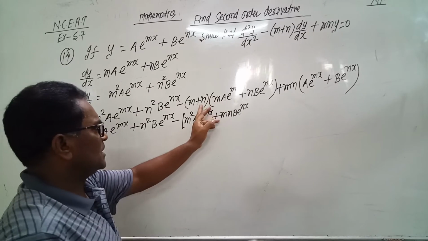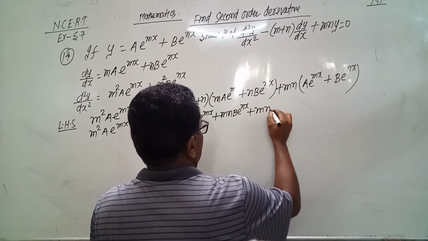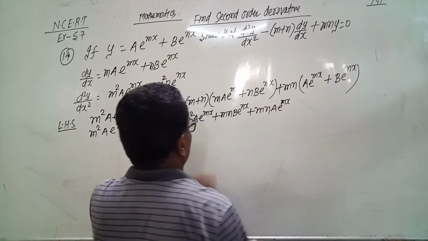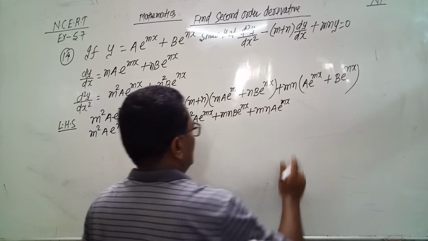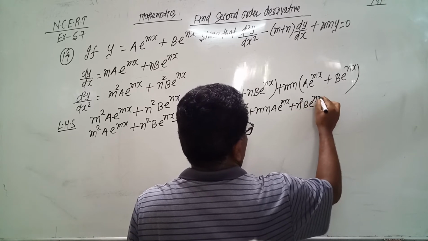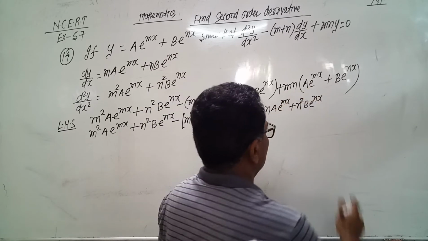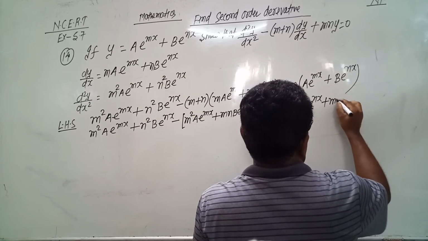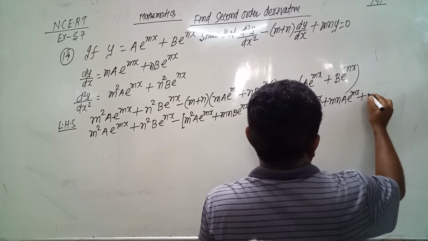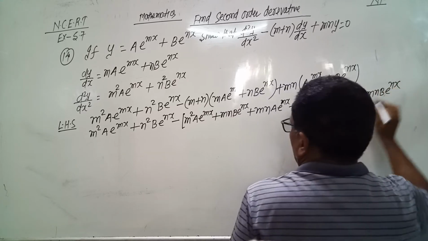Then multiply both the terms by n: plus m n a e raised to the power mx, and n into n gives n square b e raised to the power nx. Plus multiplied by m n: m n a e raised to the power mx plus m n b e raised to the power nx.